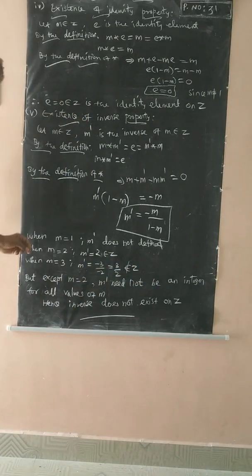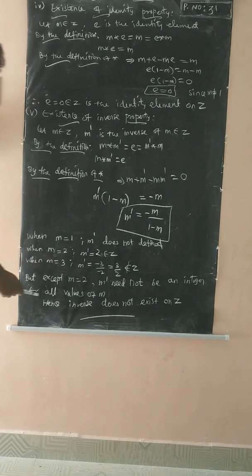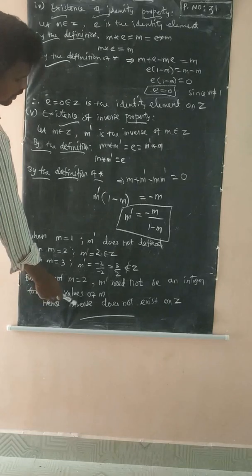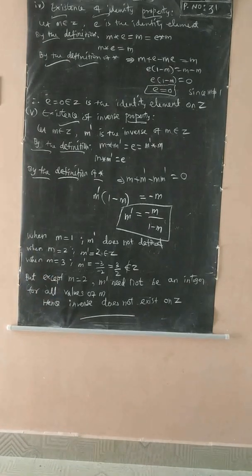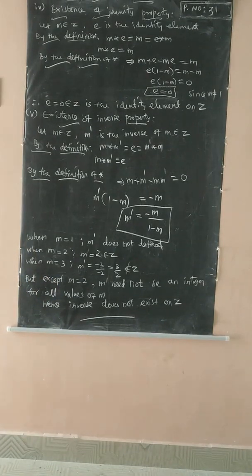If you give m the value 2, then only m dash is an integer. For the remaining values, m dash need not be an integer. So hence, inverse does not exist on Z. That is the solution, students.